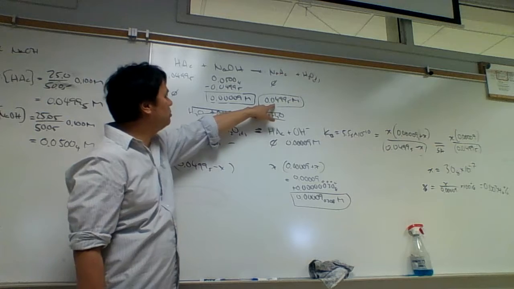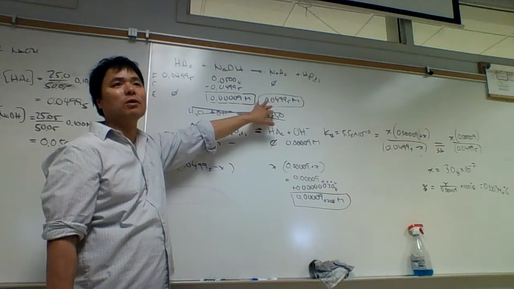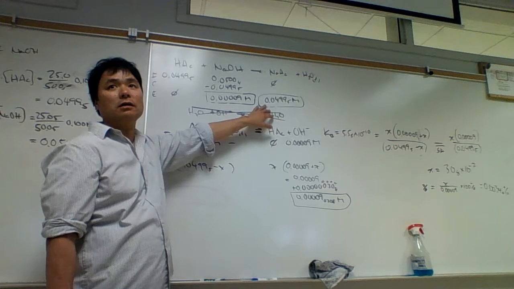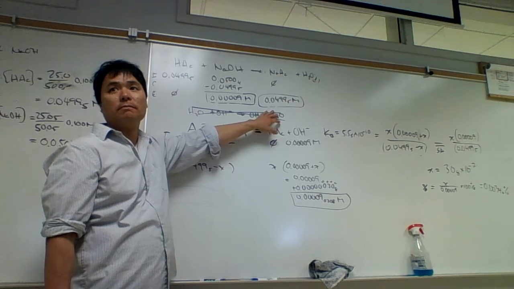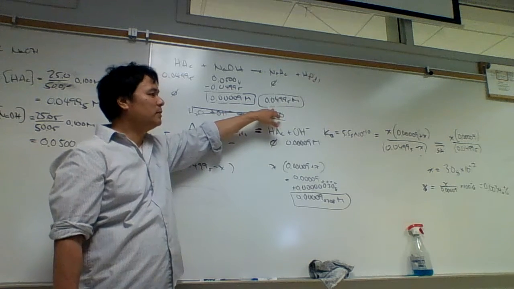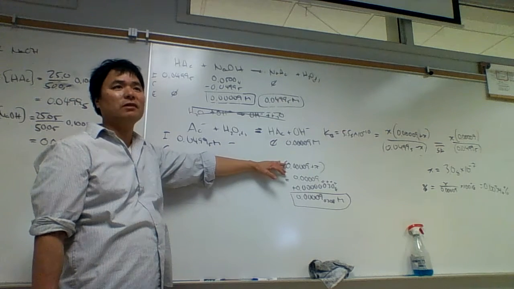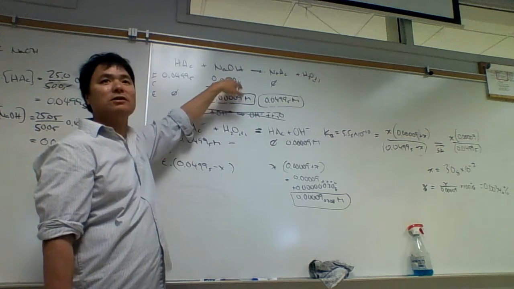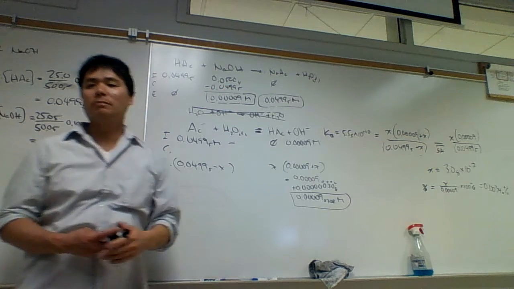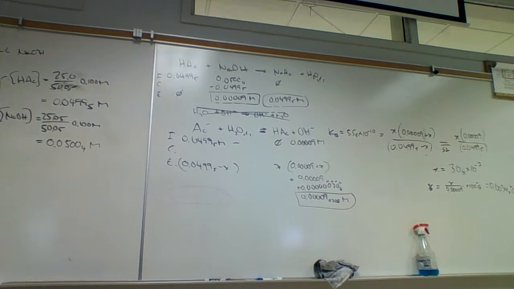This is 10 to the minus 2. This is 10 to the minus 5. 3 orders of magnitude, roughly, more concentrated. The weak base is. So the weak base is 3 orders of magnitude more concentrated, but did the weak base contribute much hydroxide to this? No. And so all the hydroxide came from the strong base. Therefore, your book says, when you have a weak base, strong base mixture, you ignore the weak base and you calculate the pH based on the strong base.